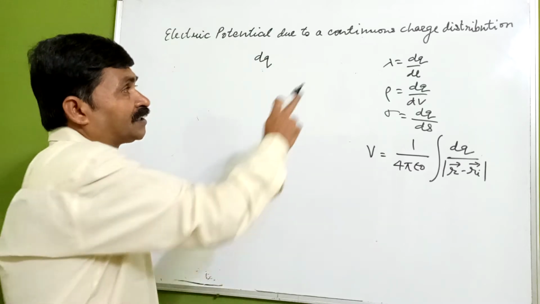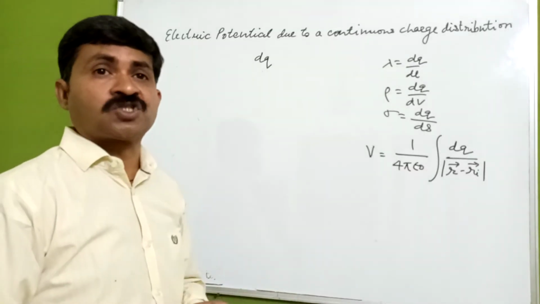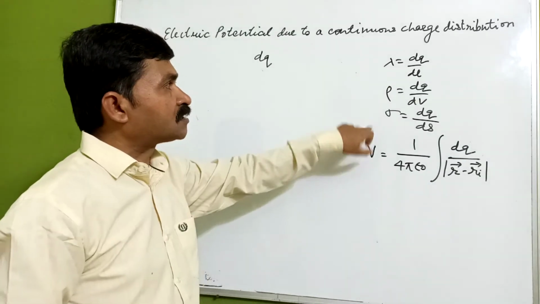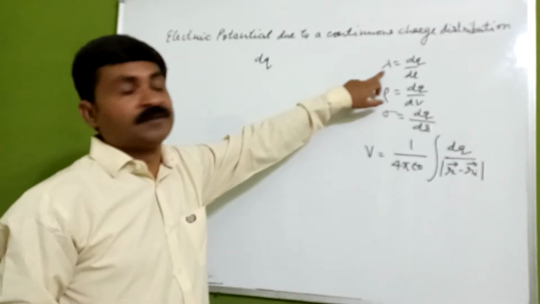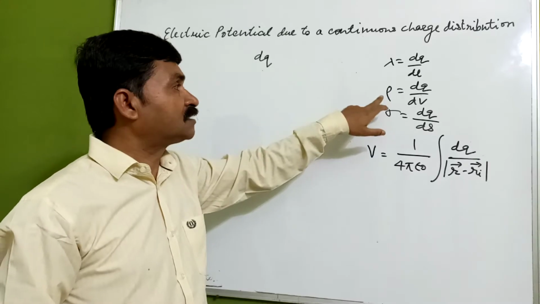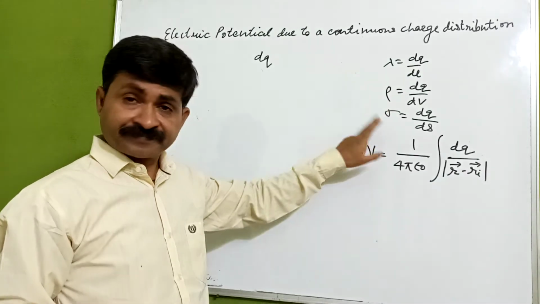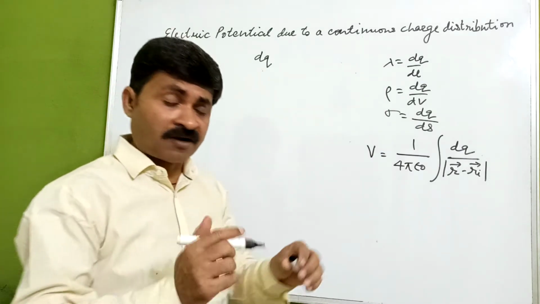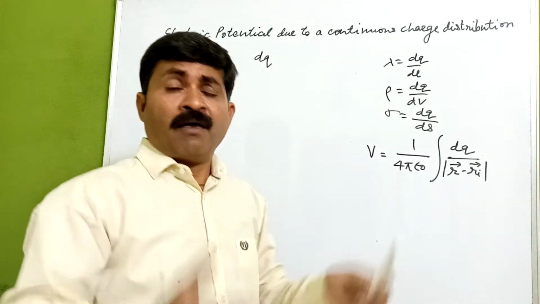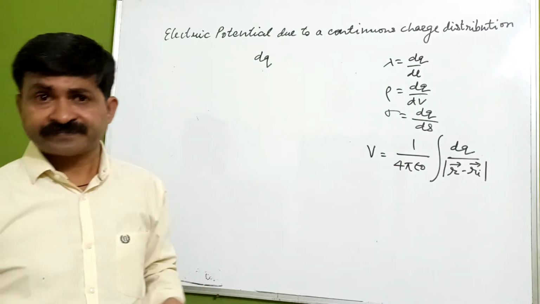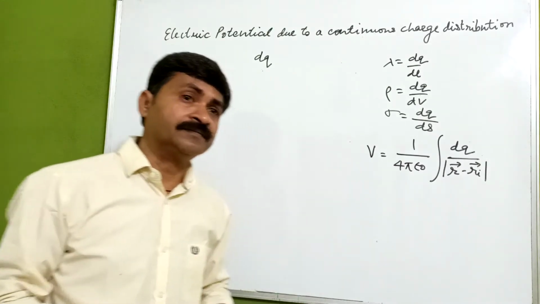Now if we go in terms of the continuous charge distribution, we have already discussed these three points. There will be linear charge density, volume charge density, and surface charge density, because a system will have a length, a system will have area, a system will have volume.